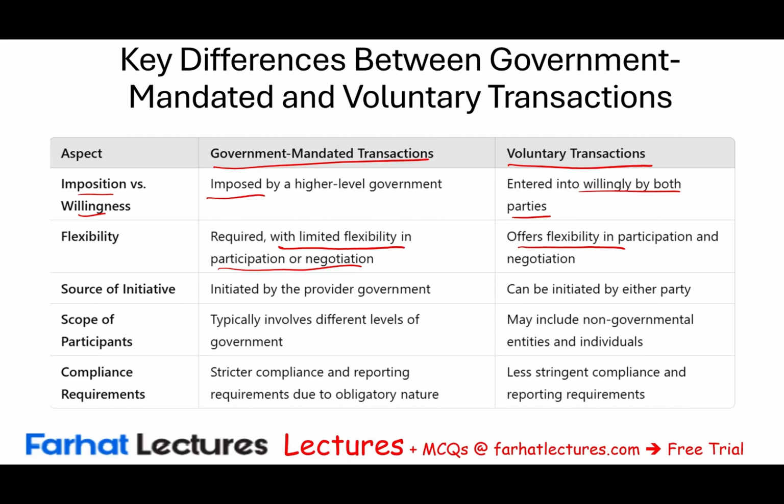So on and so forth. Source of initiative: the mandated one is initiated by the provider government. Voluntary could be initiated by either party, and we're going to see how. Scope of participants: mandated typically involves different levels of government. Voluntary transactions, you're going to see, could involve government and non-government entities. Compliance requirements: obviously the mandated one is stricter by its nature, versus voluntary, which is less stringent.